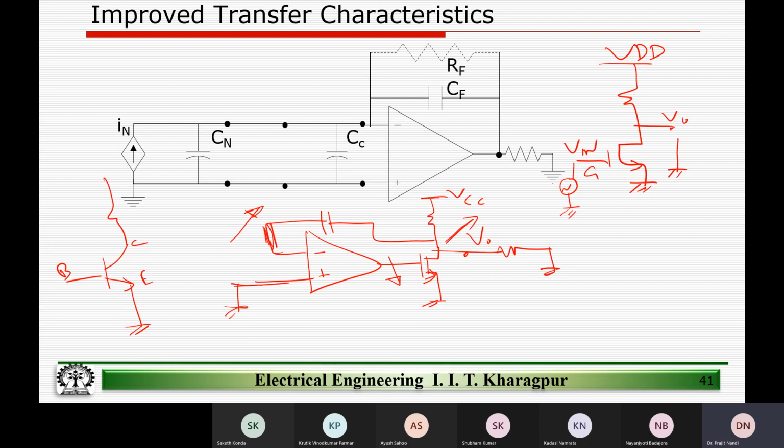So between the input side and the output side, if I look at the transistor as a 4-terminal device, I have shown it as a 3-terminal, but what terminal is common? This source terminal is common, right? I can connect it like this. The output and the input are essentially sharing a common terminal, which is the source. And that is the reason we call it common source.